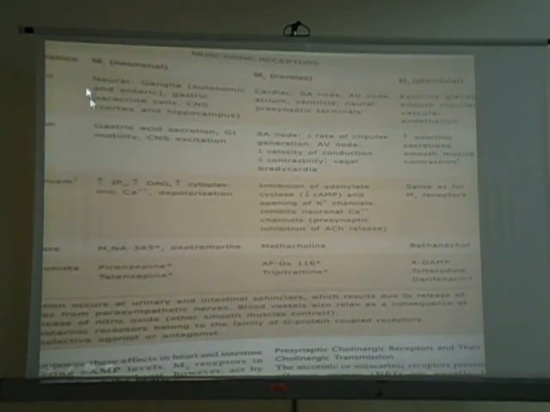Here you can see the agonist and the antagonist. I put the slide for the agonist and the antagonist. Antagonist is the class we are dealing with today. M1 is present in the gastric glands and the CNS, but we are concentrating on the gastric glands and the treatment for hyperacidity here.